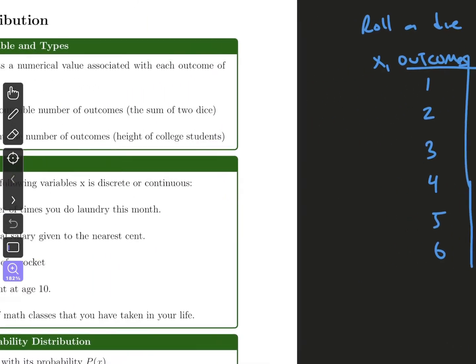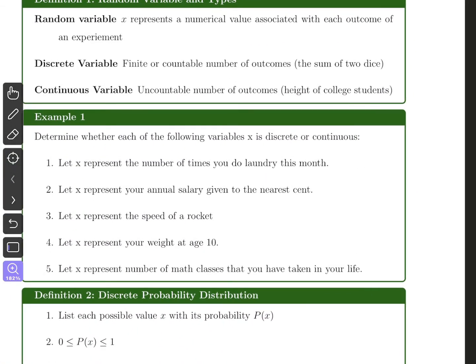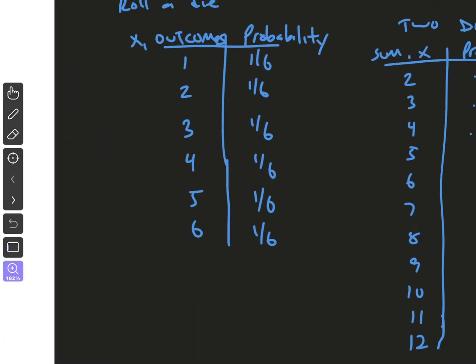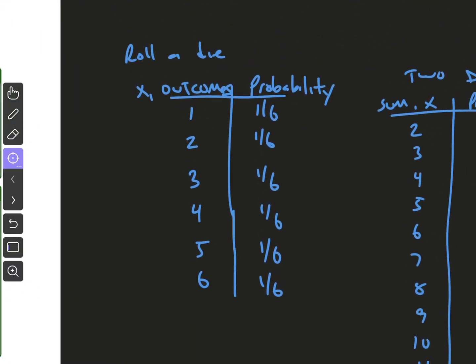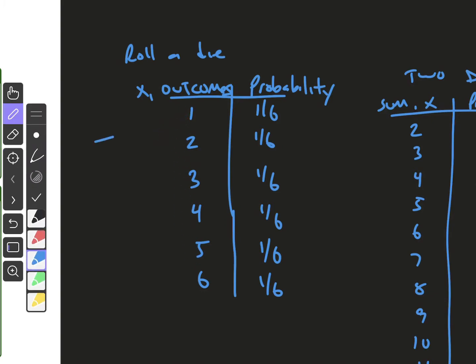So the difference between discrete and continuous, maybe the best way to explain it is this. If I give you 2 different outcomes of a discrete variable, does there exist an outcome in between? Take that die you're rolling.